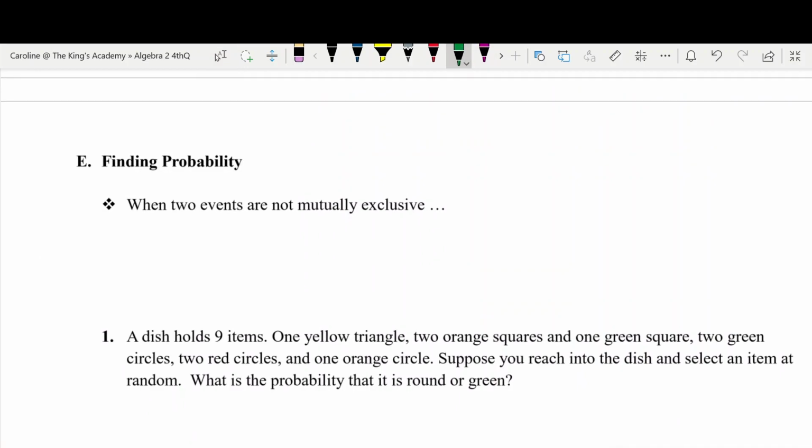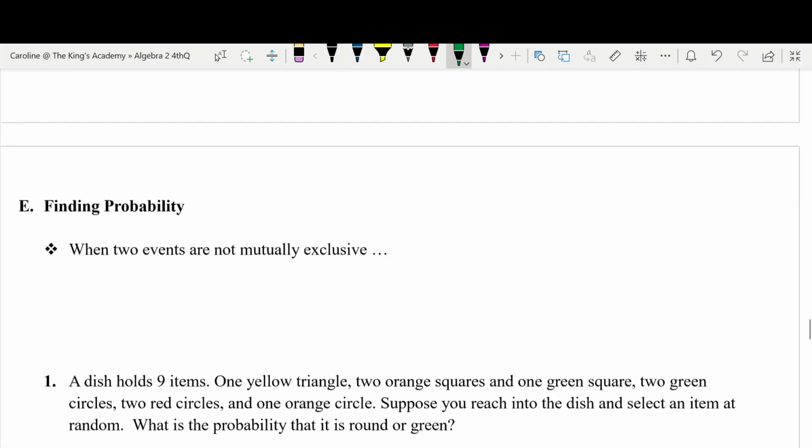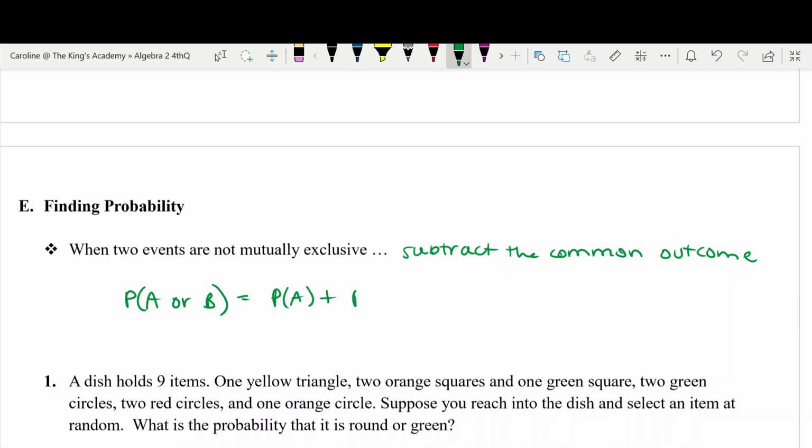So when 2 events are not mutually exclusive, what you're doing is subtracting the common outcome. So the probability of A or B, 2 events that are not mutually exclusive, you would figure out them separately, add them together, and then subtract whatever the commonality is.